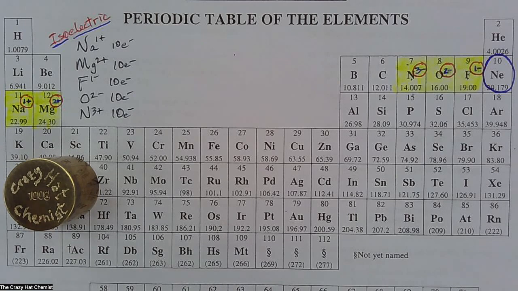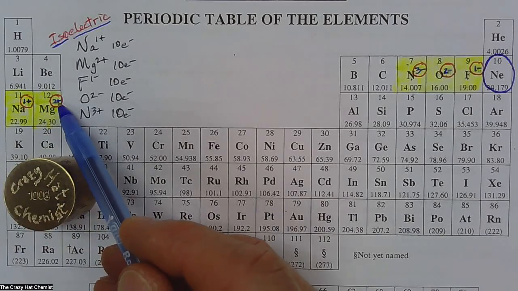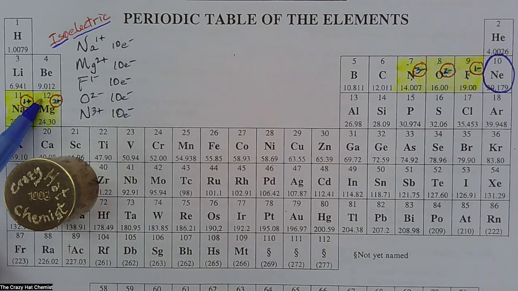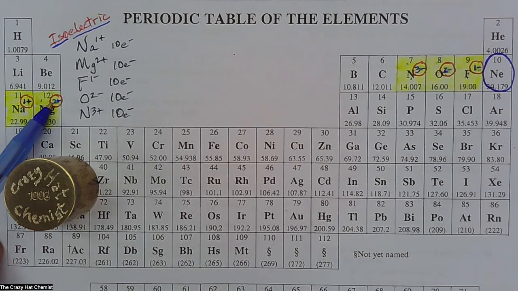So as we look at these in order of decreasing size, we're going to find the one that has the largest cationic charge, that's magnesium ion, and that would have the greatest effective nuclear charge. It has 12 protons in the nucleus, and it has lost electrons, so it has lost shells, and its effective nuclear charge has increased.